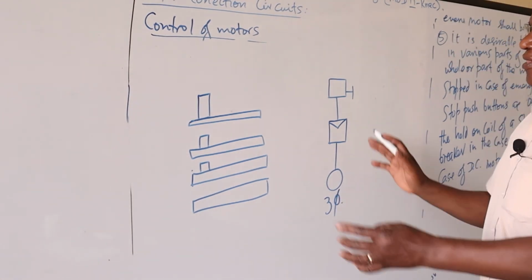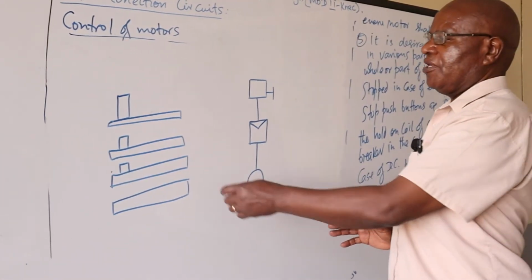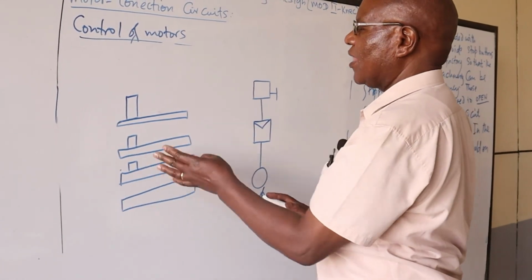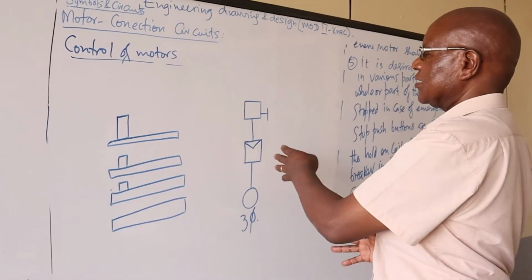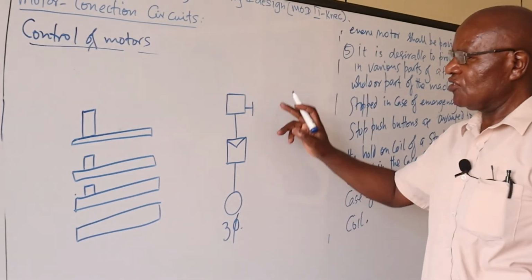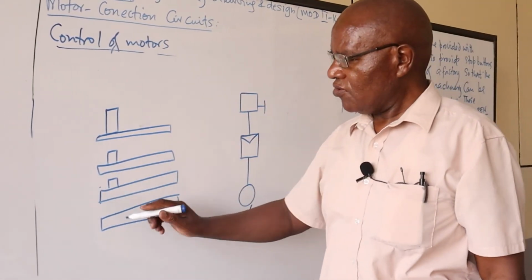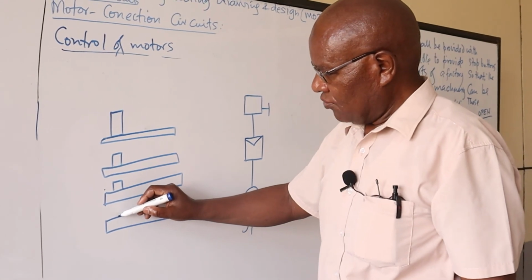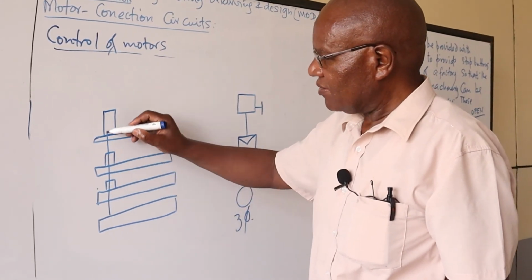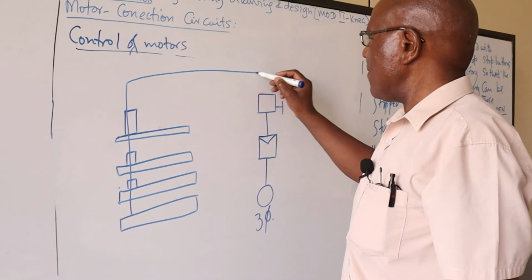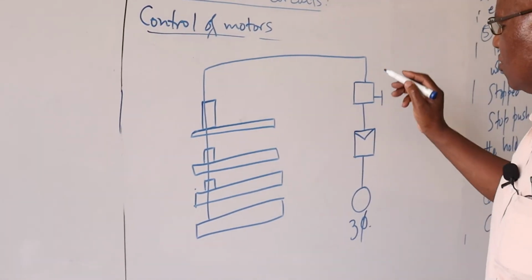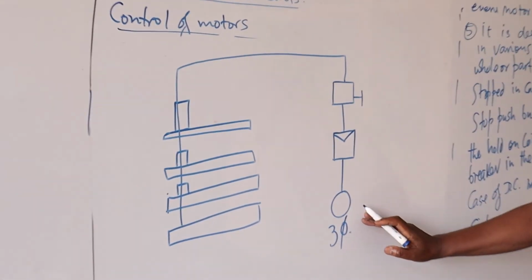So now, on the shop floor, there will be a kind of distribution board, and then there are several motors. Now we have said each motor must have its own isolator, which is that one there. And then you find in the drawings, normally, we can use a single line, like that one there, to show our connections to our motor.